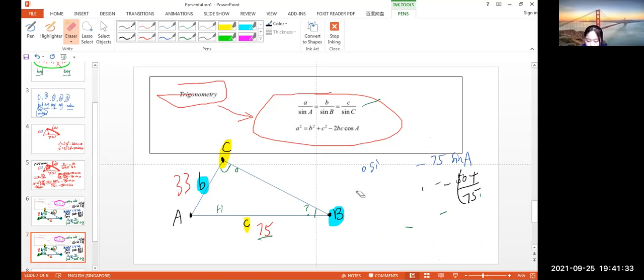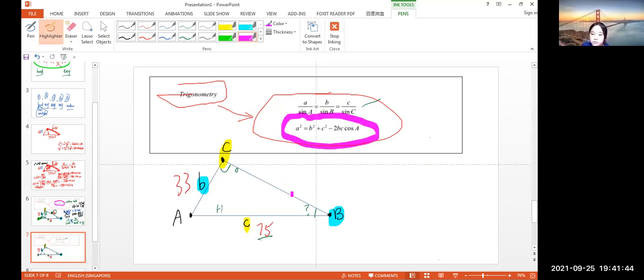Let me erase this first. Okay, for cosine rule, here. So now we have a square, b square, c square. Okay, you can also use this. So just now they asked me to find the angle. So just now I found this angle using the cosine rule.